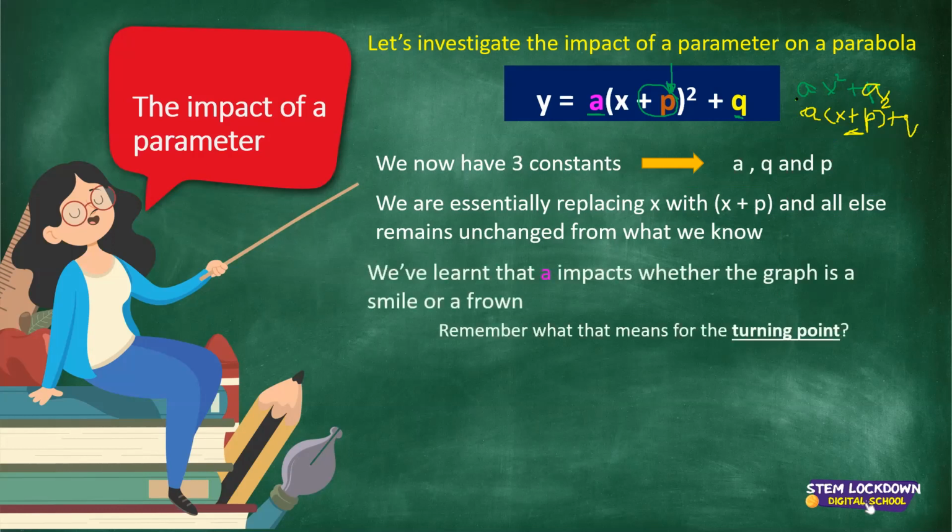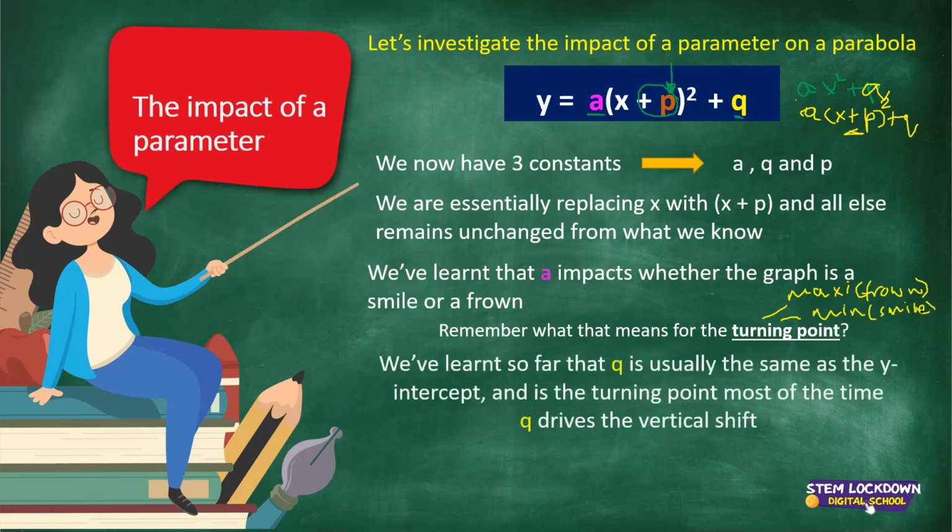Okay, so we learned so far that a impacts whether the graph is a smile or a frown, right? That meant that your turning point has a maximum point where you have a frown, and it has a minimum point where you have a smile. Okay, that's what we've learned.